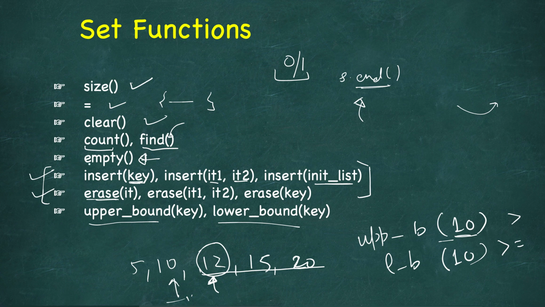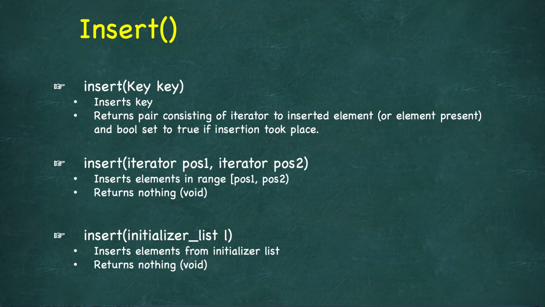Now let's see the insert and erase different versions in some detail. So if you are inserting a key, like you have a set S, let's say set of integers, and you are calling s.insert 5.